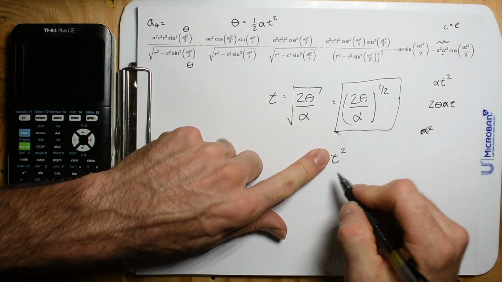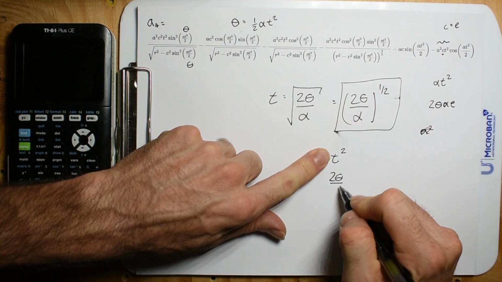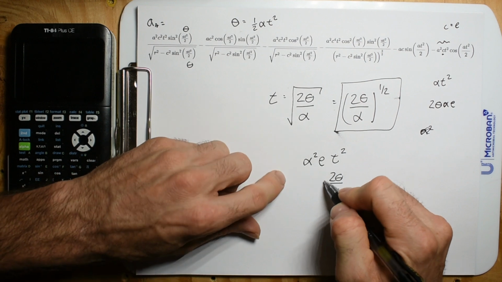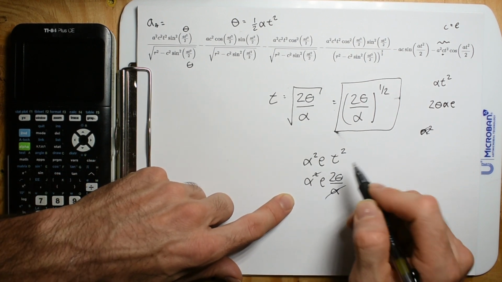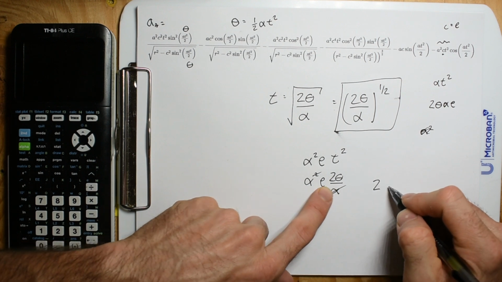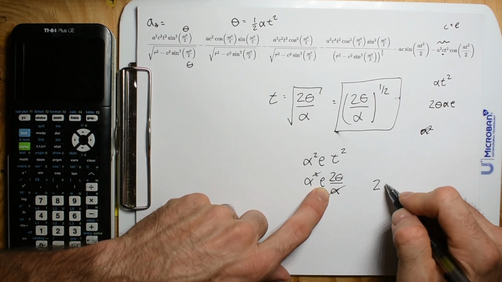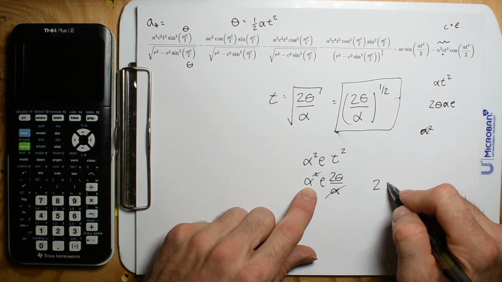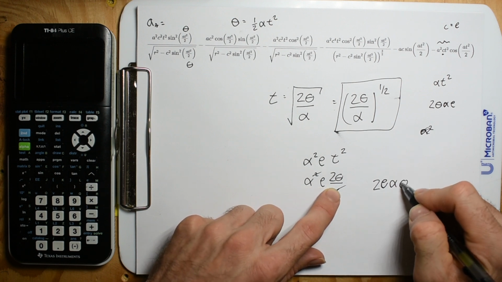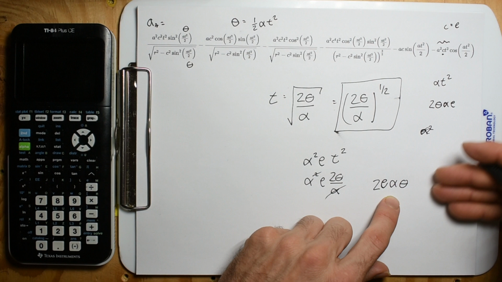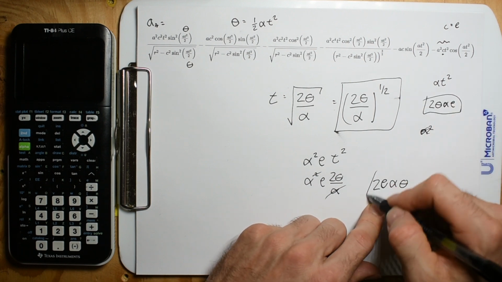If we take this squared, we're going to get 2 theta alpha, and then multiply it by e alpha squared. So this one cancels one of those, and we got 2e alpha theta. I don't know what order to put them in, but that's exactly what we get.